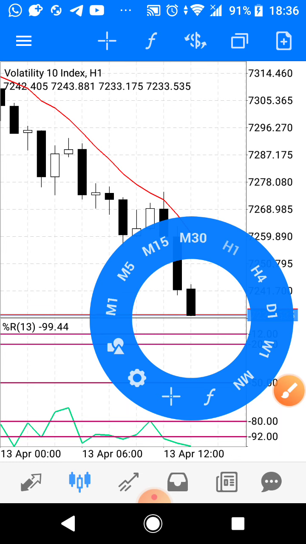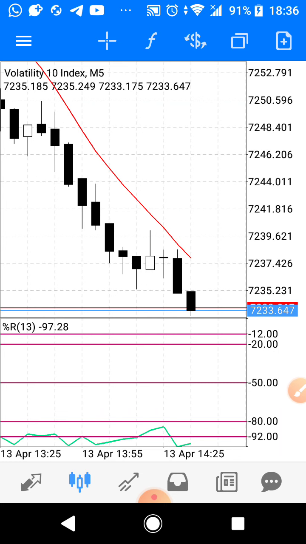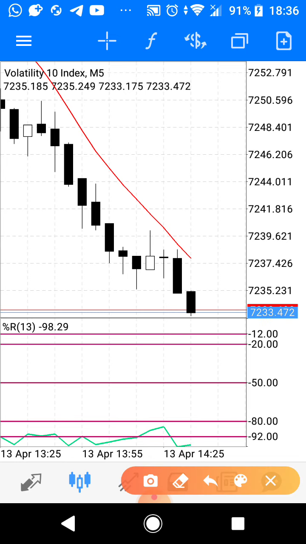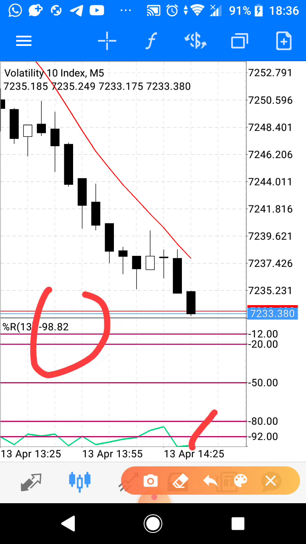For us to get a reversal here, we have to sit down and keep watching it. We'll keep watching it until my R13 gets to minus 80.